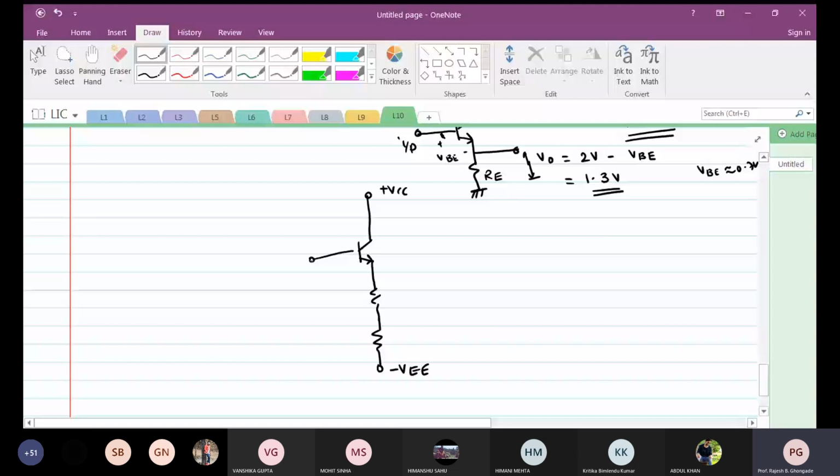Call this R1, call this R2. When there is no input, I can adjust the value of R2 such that this point is at 0 volts. Can I do that?